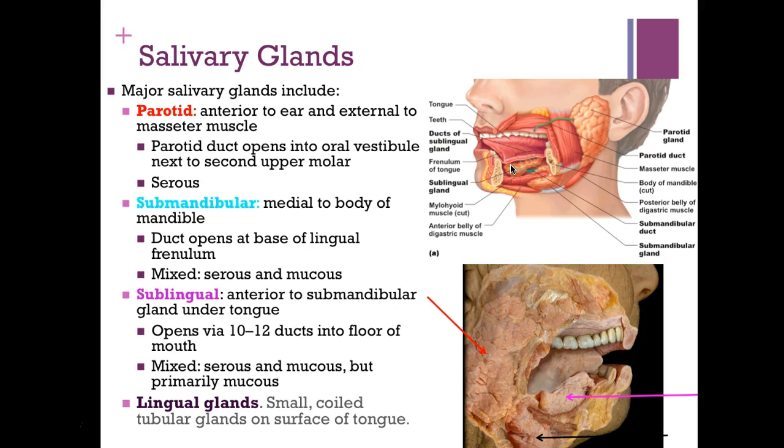And we will have mixed serous and mucus fluid here, but it's going to be primarily mucus. And you could see the parotid gland over here in this image. Here is our sublingual, and here is our submandibular. We also have some lingual glands that are going to be small and coiled tubular glands on the surface of our tongue.